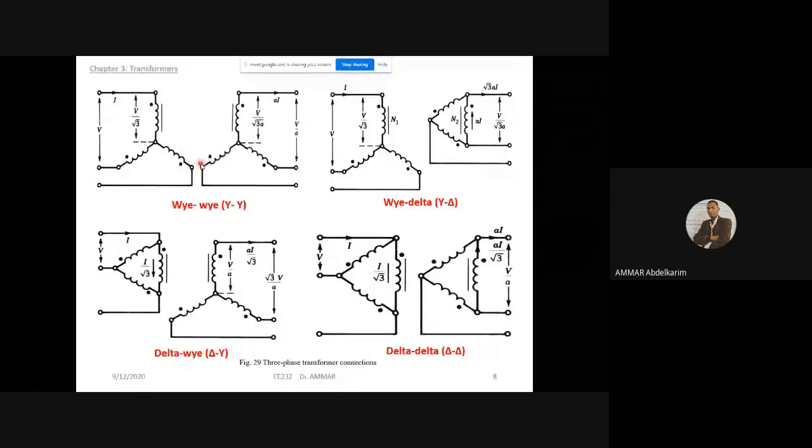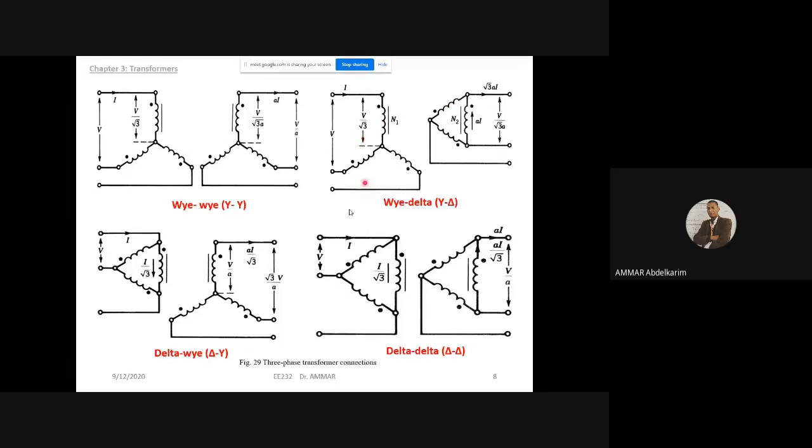So here it's Y connection. We have seen the difference between a Y and delta connection and the voltage and the current relationships, and the difference between the line voltage and the phase voltage, or we can call it line to line, line to ground, or phase to phase, or phase to ground. So this is Y connection.